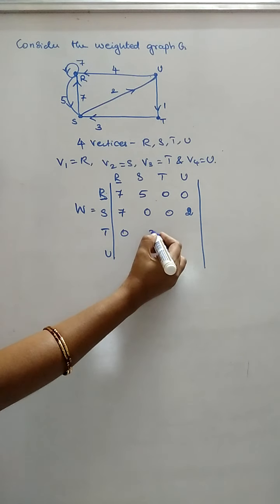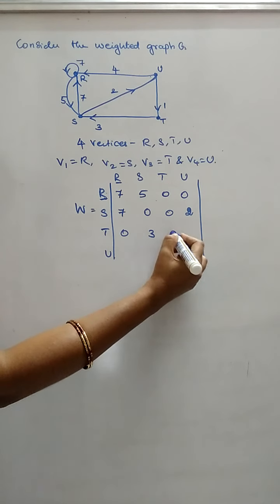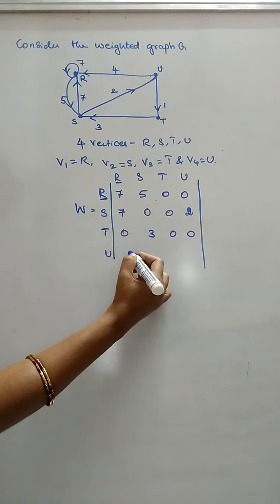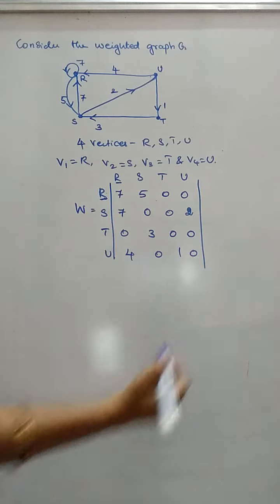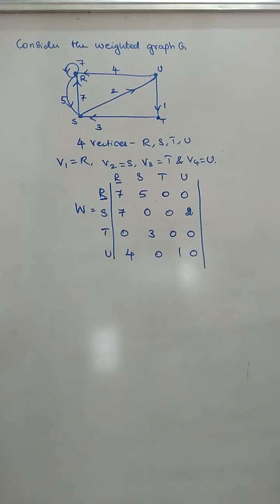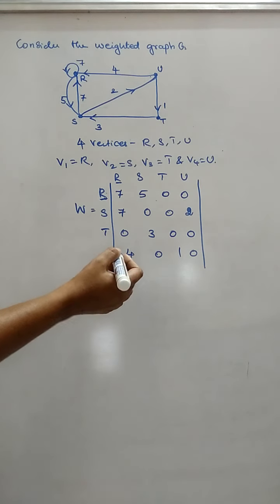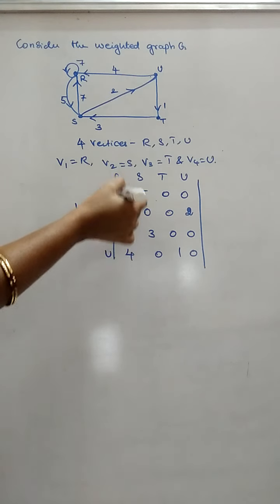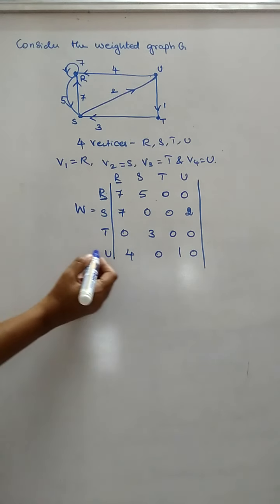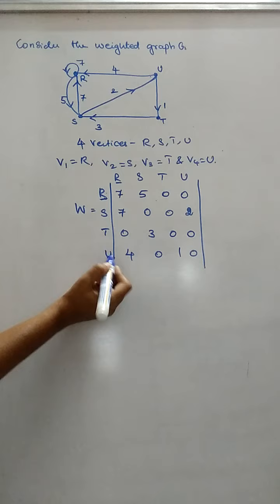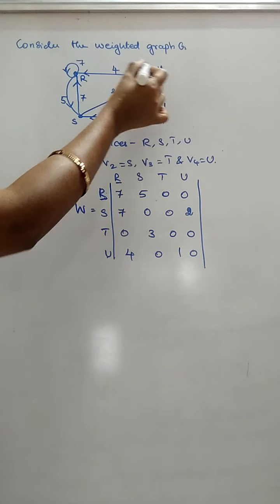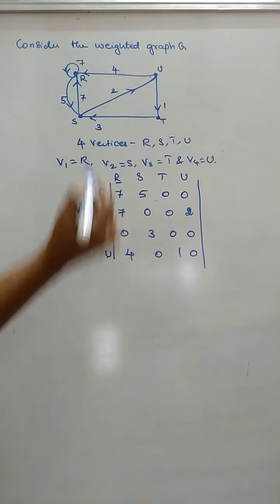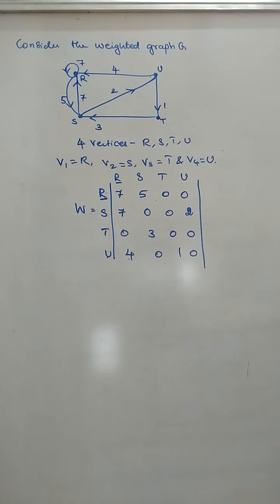Then 0, 3, 0, 0. And then 4, 0, 1, 0. Okay. So I have filled the weights for every pair of vertices. For example, if you take the vertex U and R, U is connected to R and the corresponding weight is 4. I have written this one.